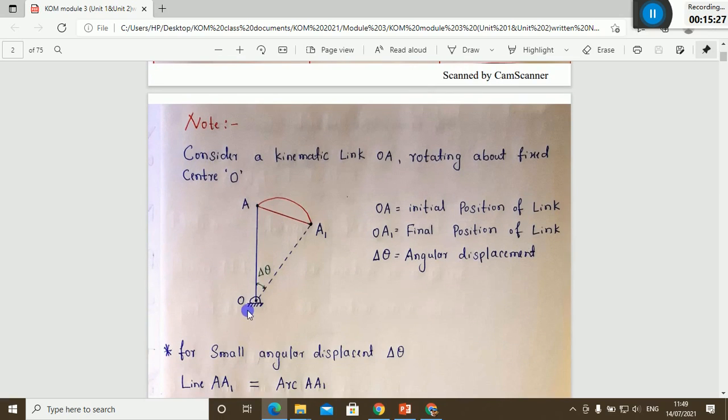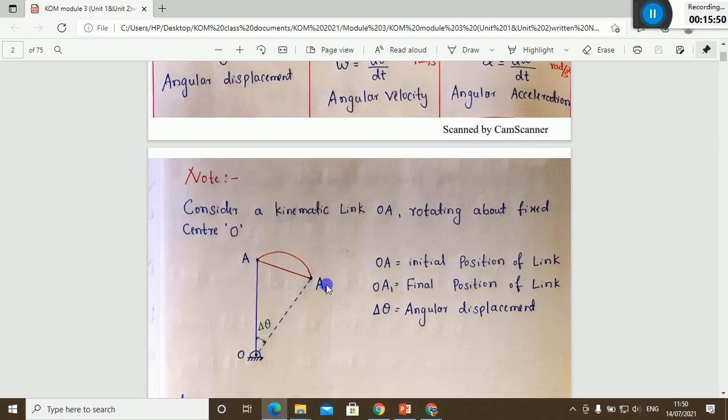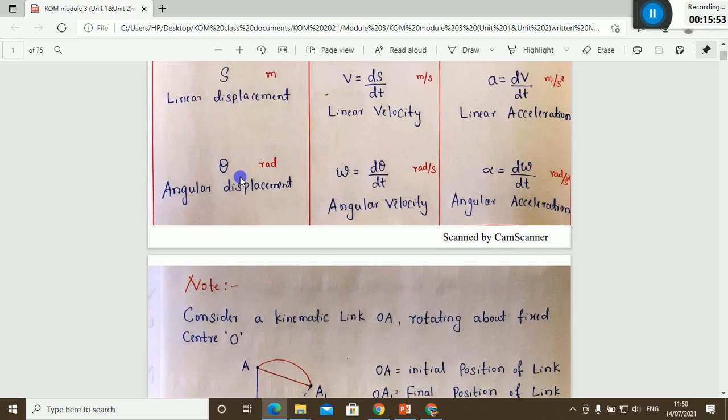When you consider OA as a kinematic link, this is the first position and it is rotating in a clockwise direction. After that, it will reach this OA1, the dotted line, correct? So you can consider this as angular displacement. What is the angle that is covered by this kinematic link? That is nothing but angular displacement, correct? Angular displacement is denoted by theta and it should be in radians.